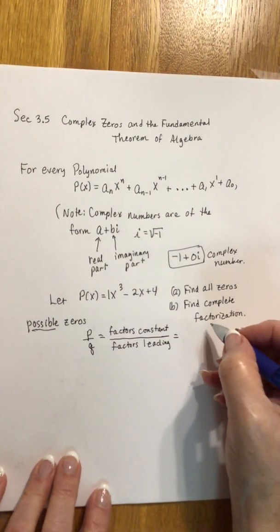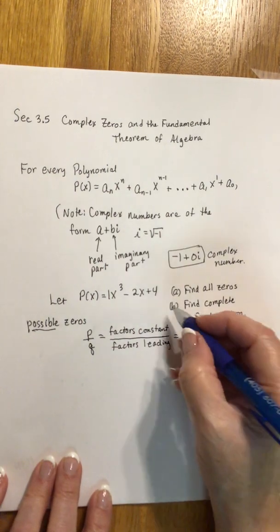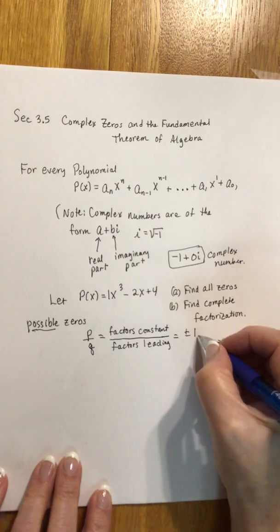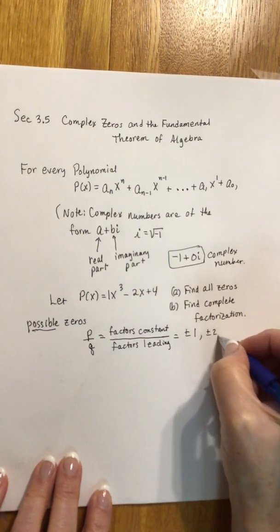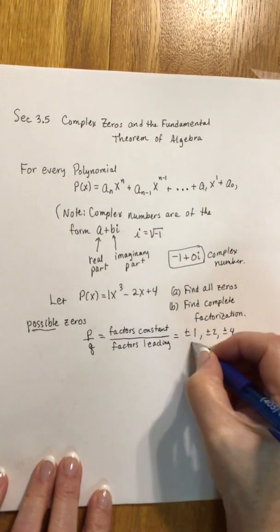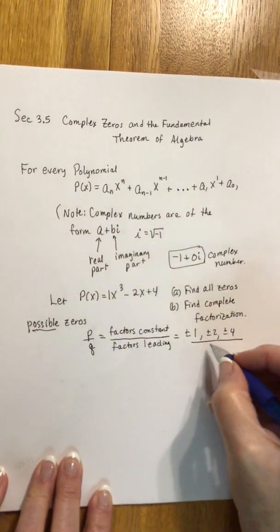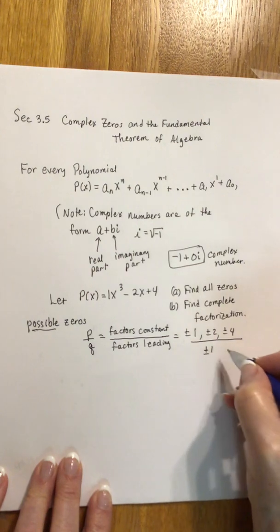So our numerator is going to be the constant, which is 4. So we're going to get plus and minus 1, plus and minus 2, and plus and minus 4. The leading term is 1, so we just have plus and minus 1.